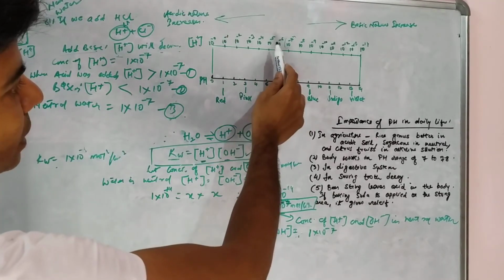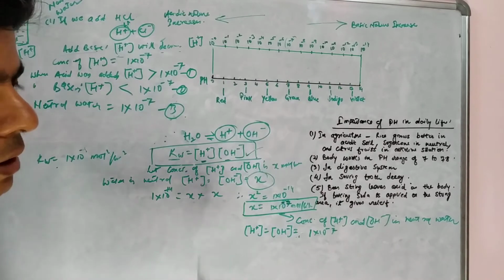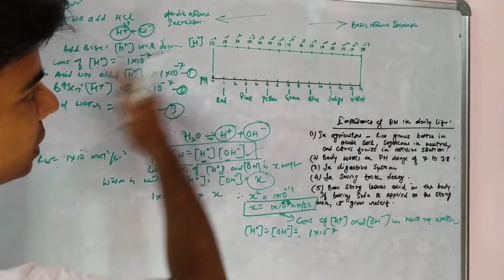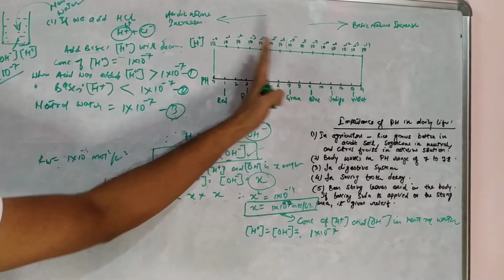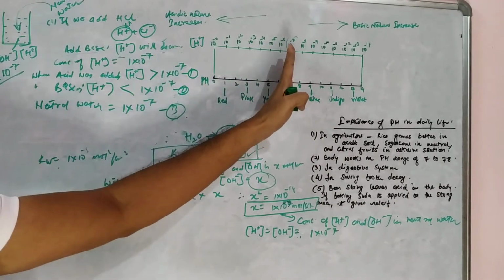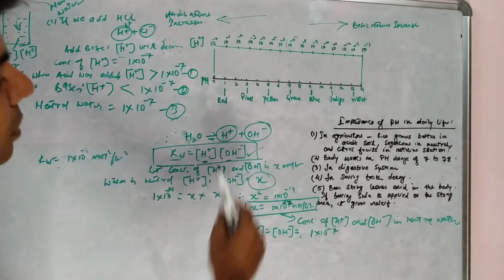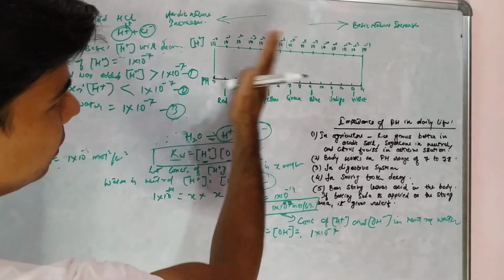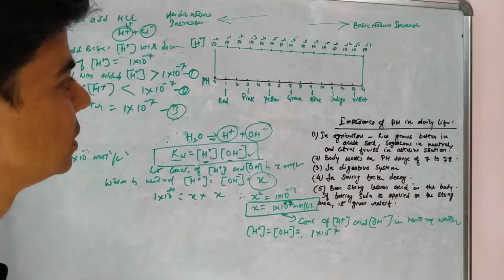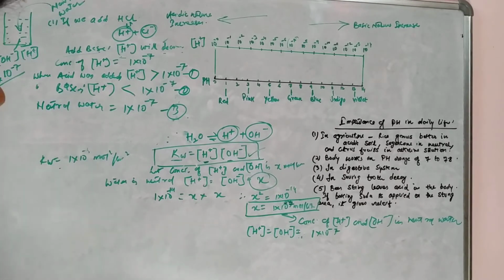Why? Because values greater than 10 to the power of minus 7 lie towards left, right? So if you come towards left from 10 to the power of minus 7, the value of hydrogen ion concentration will increase. That is, towards left, acidic nature increases.